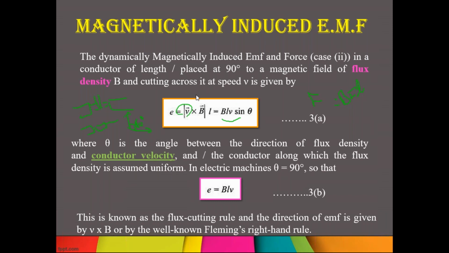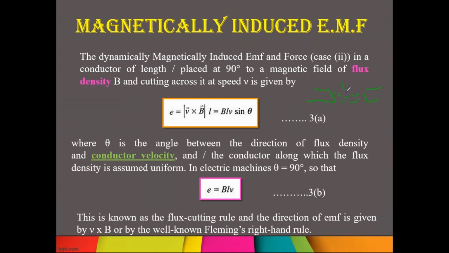Based on this condition, see here, when the conductor is placed at 90 degrees to a magnetic field of flux density and cutting across it at some speed. Here are the north pole and south pole, with the flux between them.